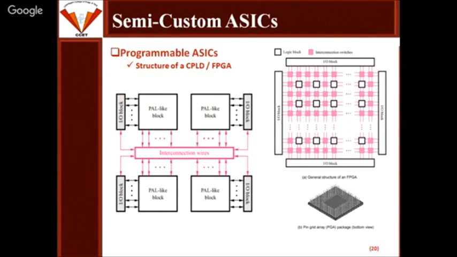And the last one is programmable ASICs. Programmable ASIC, or you can say CPLD or FPGA type of chips. What is the full form of CPLD? Complex Programmable Logic Device. And FPGA, Field Programmable Gate Array. In this kind of device, we have different gate arrays, we have the inputs and outputs, and we have the possibility of interconnection.